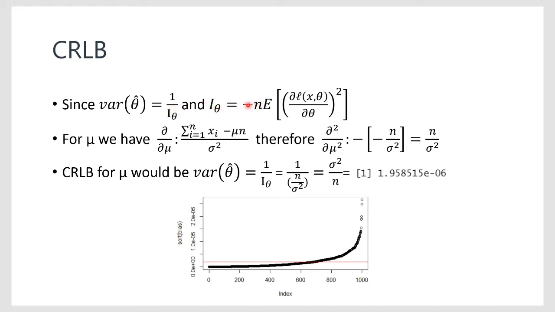And we have that the Fisher information is this formula, and applying the second derivative to the formula presented before, we obtained that the Cramer-Rao lower bound formula is this value, and in R we obtain this value, that is 1.9585 for the Cramer-Rao lower bound, and this is the graphical representation of it.